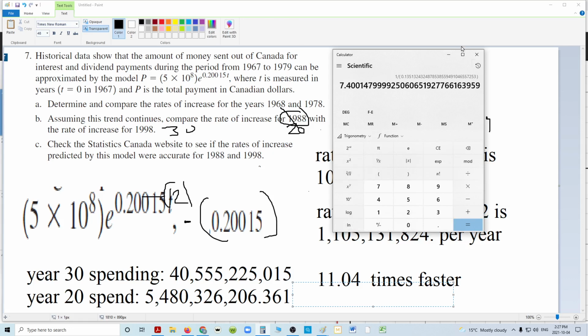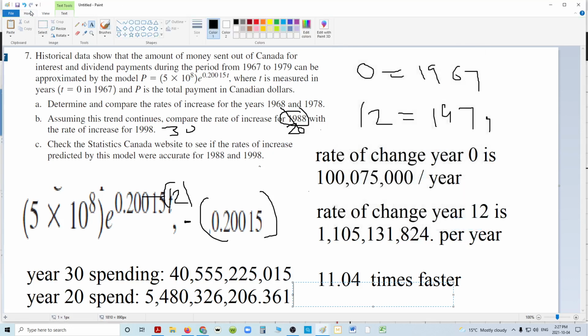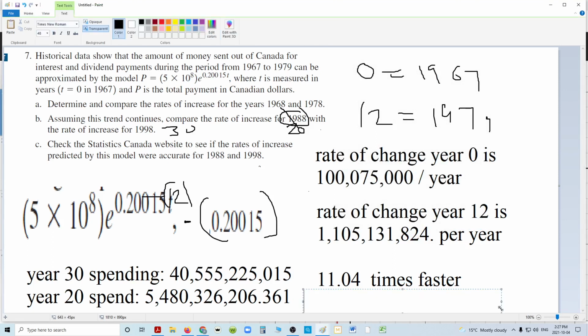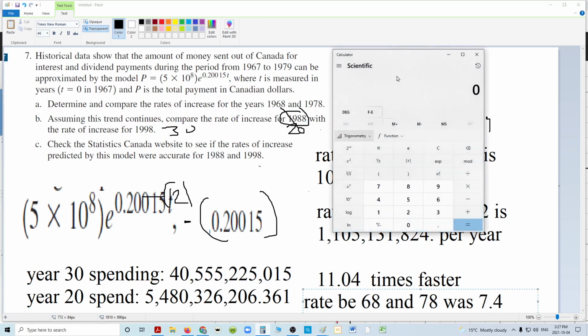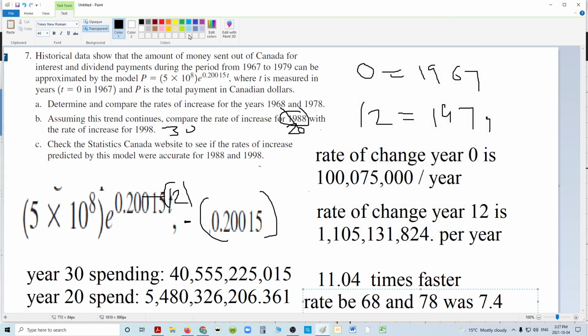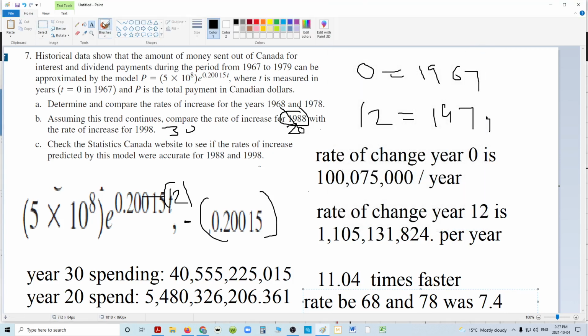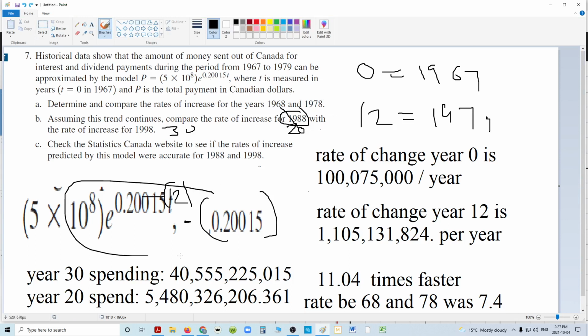And I get 7.4 times faster. So the rate has increased. Rate between 68 and 78 was 7.4 faster, which might not make sense right away until you realize that the first gap was 12 years apart. This gap is only 10.